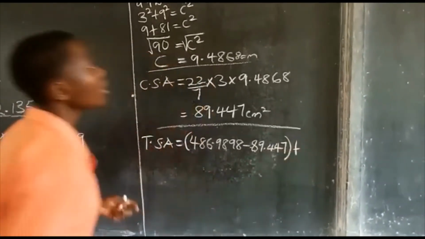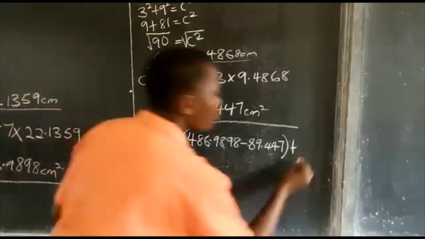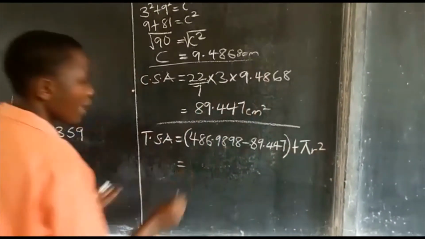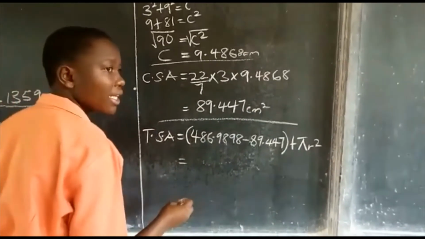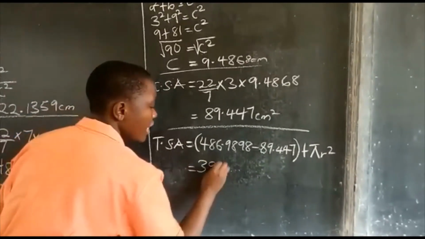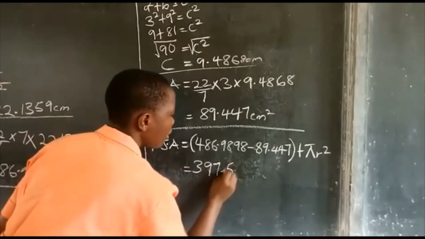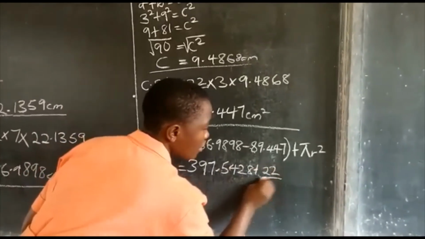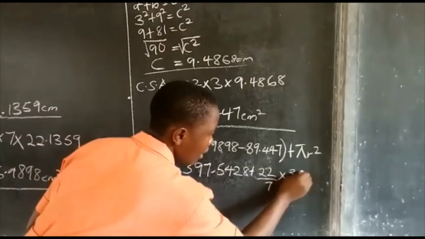And we shall add on the area of our circle, which is pi r squared. When you find the range between the two, it's 397.5428 plus 22 over 7 times 3 times 3.